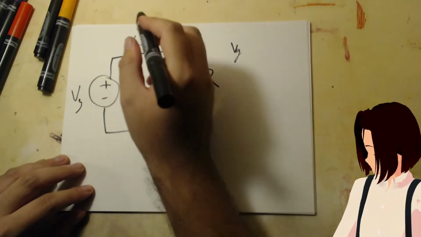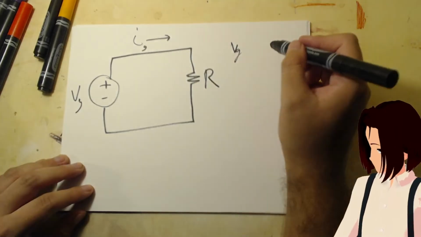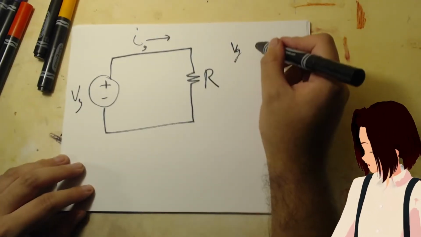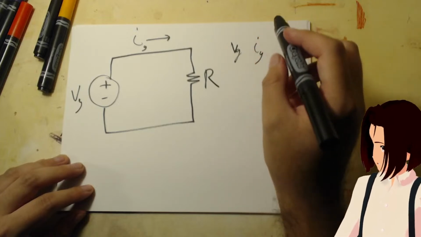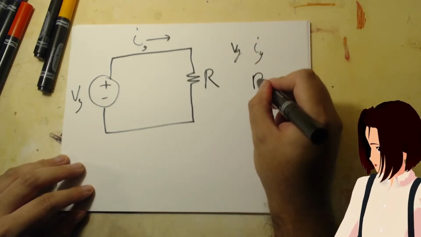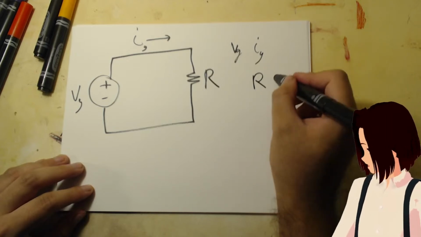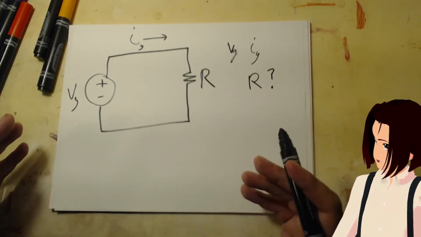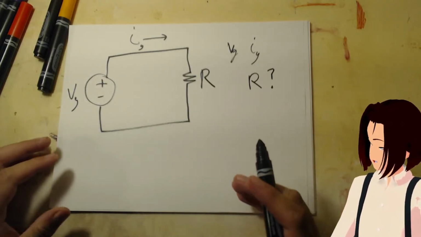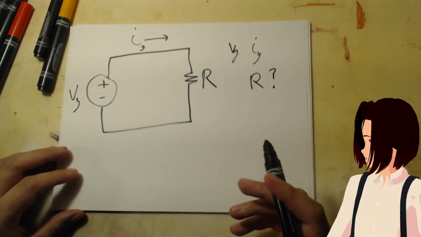This is VG. And they give you what IG is. Or maybe they don't. Well, this time they did. So they give you IG and VG. We have values for them. And they say, we want to know what is R. So this is kind of like a complicated thing if you don't know how any of this stuff works.